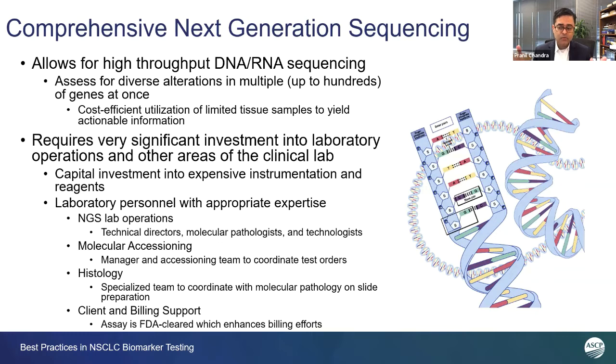Why hundreds of genes? Why do we need to be looking at hundreds of genes? Well, you need a lot of genes to sequence in order to be able to report out a high quality TMB score. And so that's one of the reasons why we've now evolved to comprehensive panels.